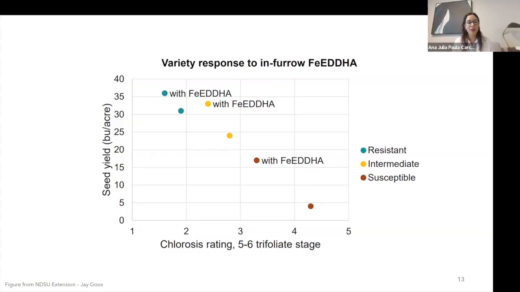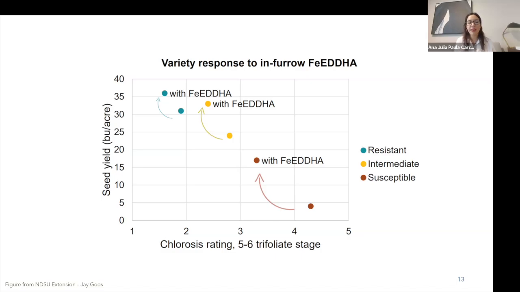So basically what you can see here is that when you put chelates, when you are talking about a susceptible variety, the change that you will have is huge. So you're going from a 4 IDC score to almost 3.